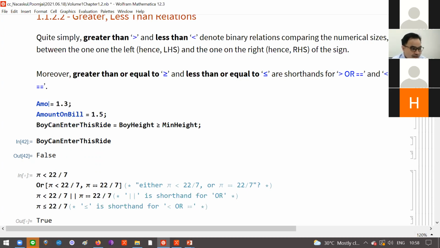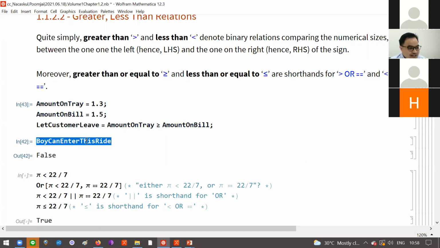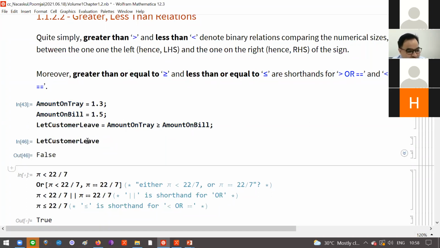Say amount on the tray. Let customer leave equal to amount on tray is greater than or equal. What do you think happened? You let this person out of your coffee shop? No, you don't, right?